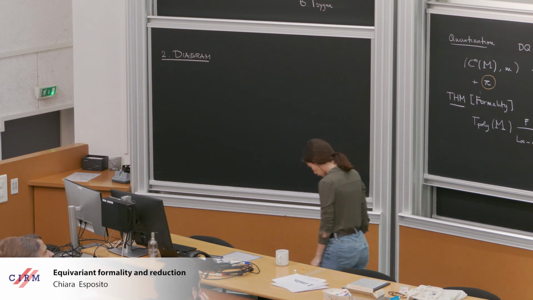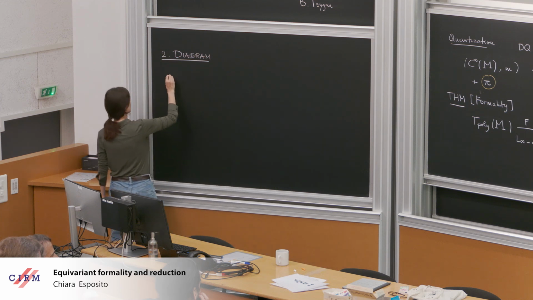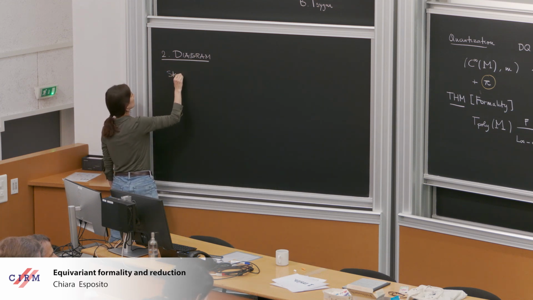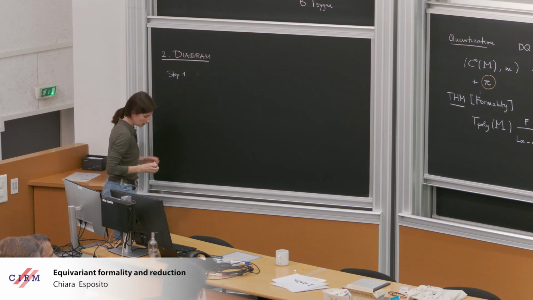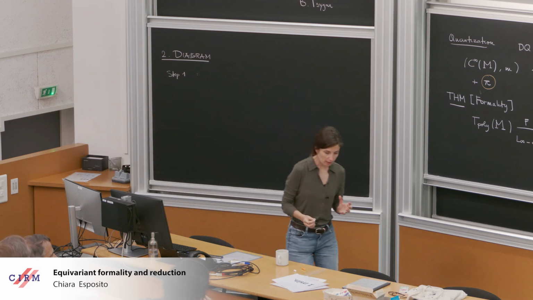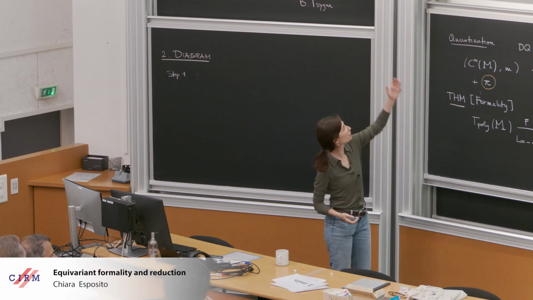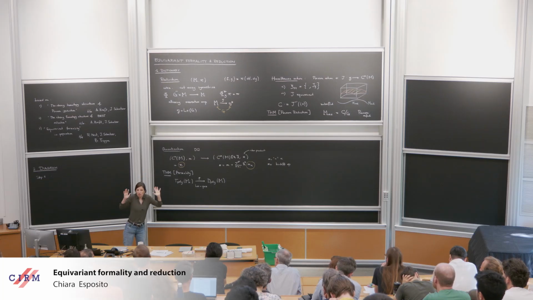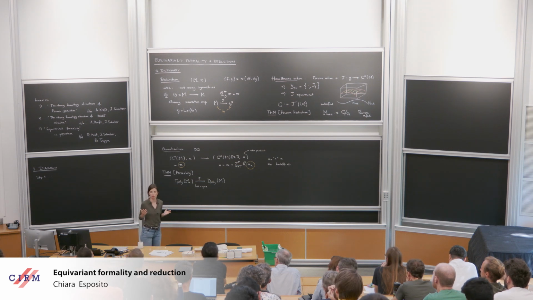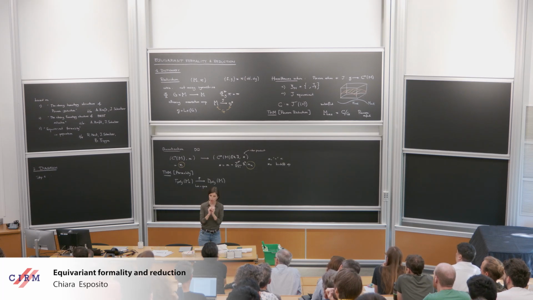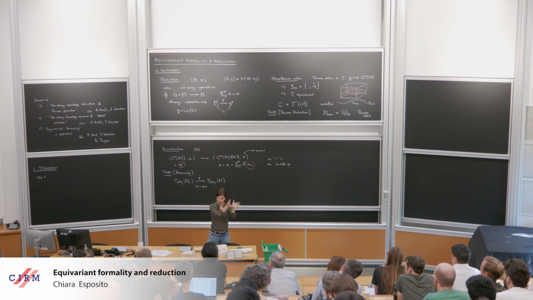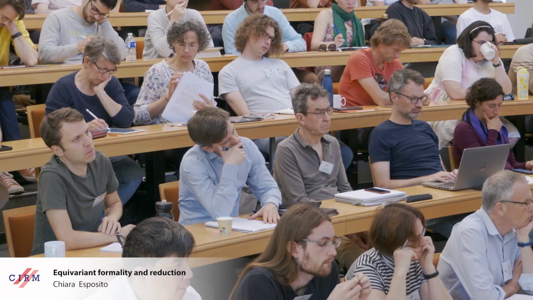So step number 1: how can I compare formality and reduction? Because reduction, what I told you, is just a geometrical construction, just a theorem in differential geometry, in symplectic Poisson geometry. So what we did is, let's try to rephrase this arrow, the arrow that takes my Poisson manifold and gives me the reduced one, in terms of an L-infinity morphism.